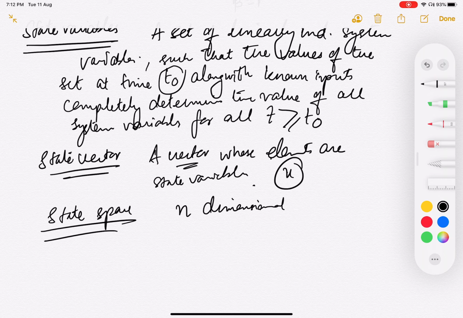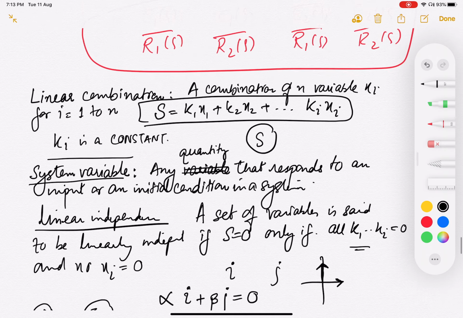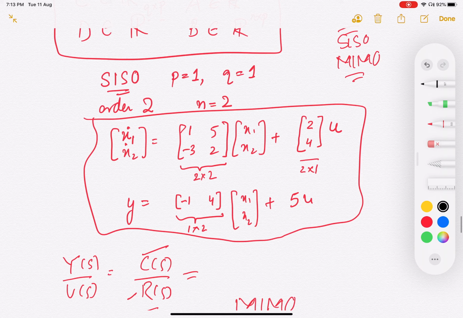And beyond three dimensions, although we cannot visualize, we can always put it on paper. Something having n components is actually in the n-dimensional space, whose axes are the state variables, right? So in this example that we saw, you had a two-dimensional system.